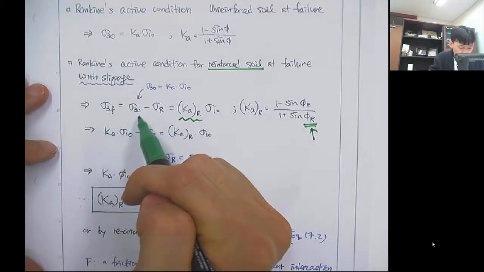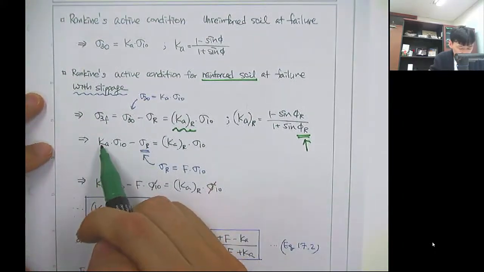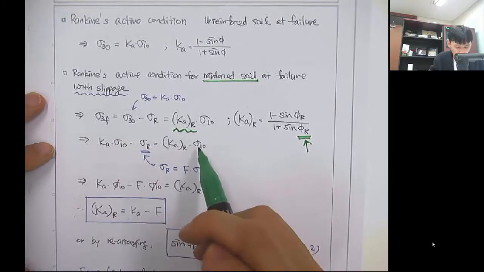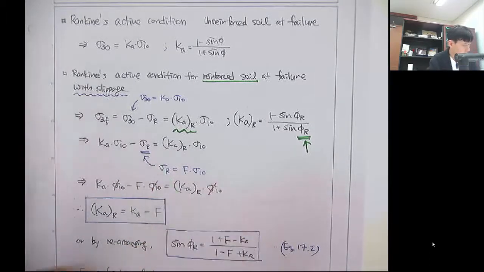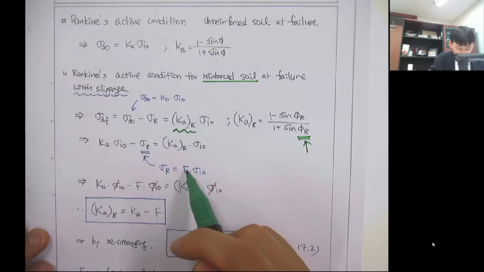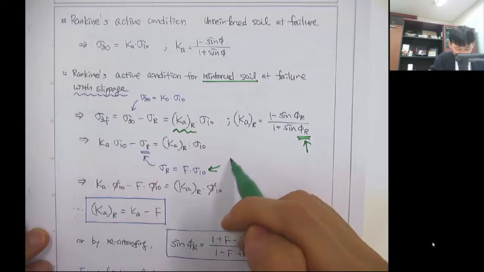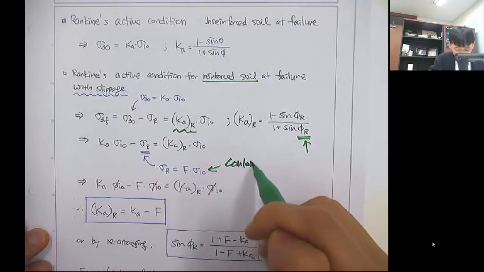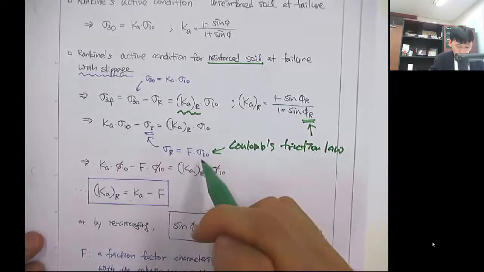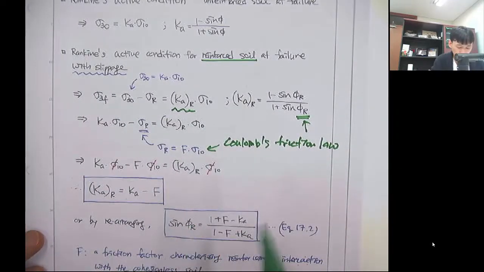And by replacing this sigma 3 naught with Ka times sigma 1 naught, Ka times sigma 1 naught minus sigma r equals KAR times sigma 1 naught. And we've seen that, using the friction concept, sigma r will be the friction coefficient times the normal stress by the Coulomb friction law. So normal stress times the friction coefficient will give you the shear resistance at the interface.